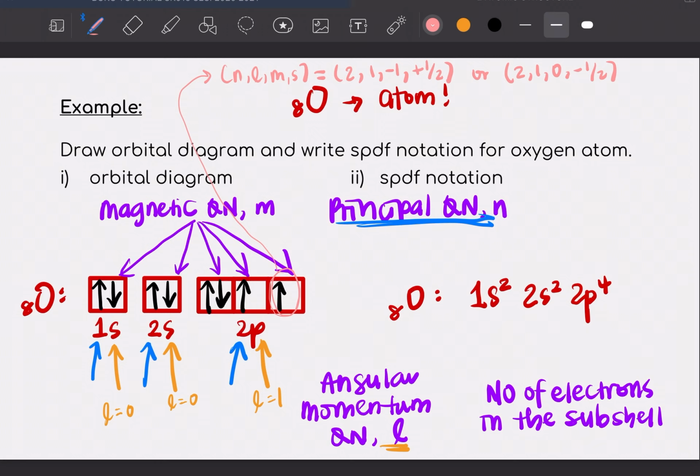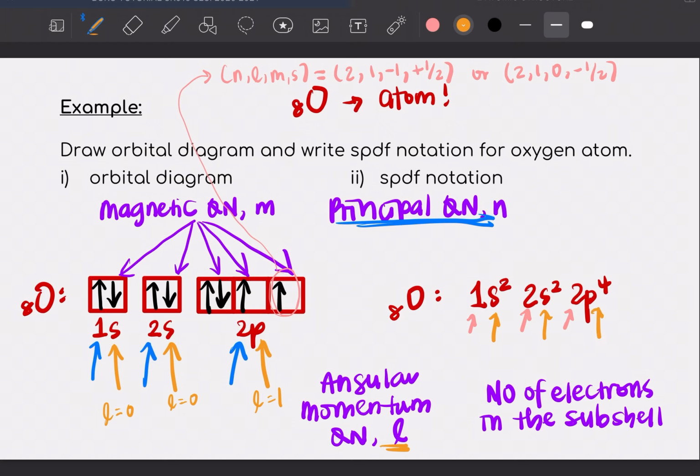So for SPDF notation, the principal quantum number, you already know it is the N. Your azimuthal quantum number or angular momentum quantum number, L, which shows the shape, will be your alphabet here.